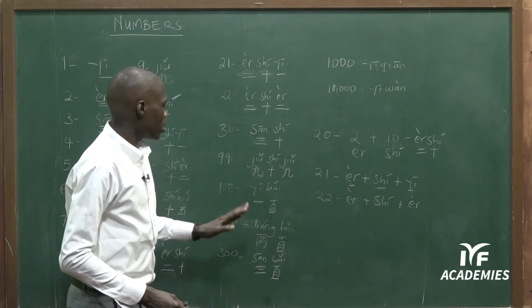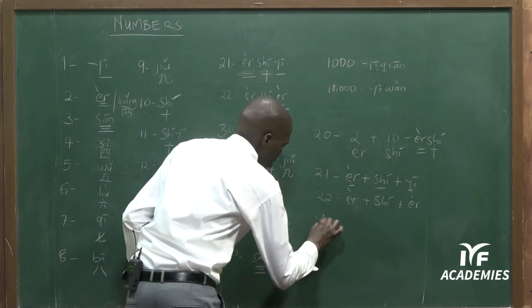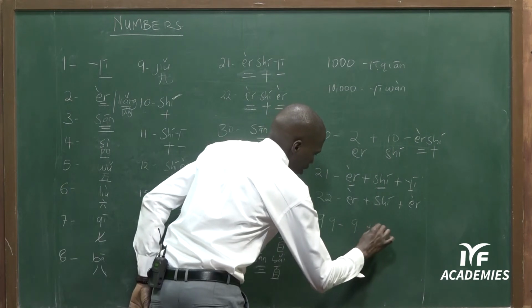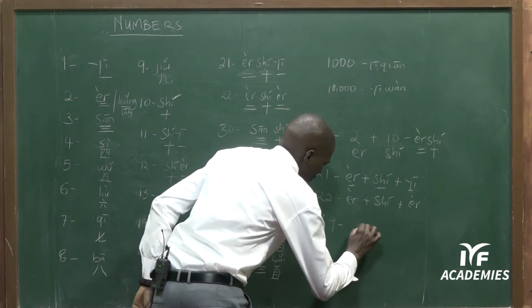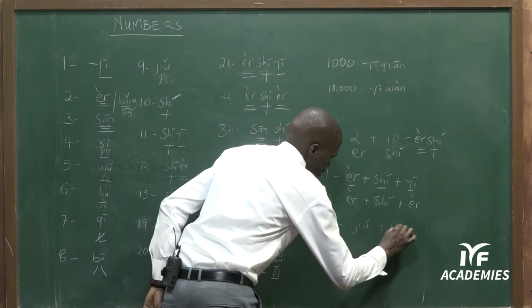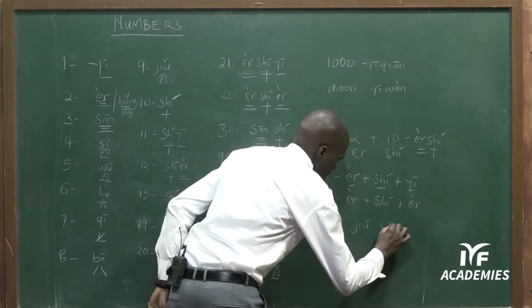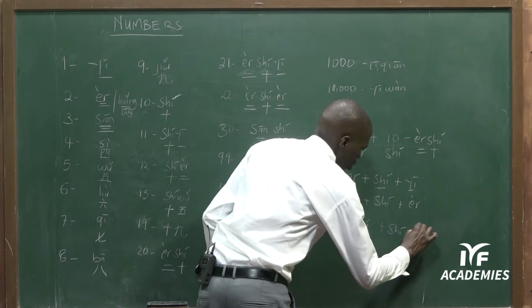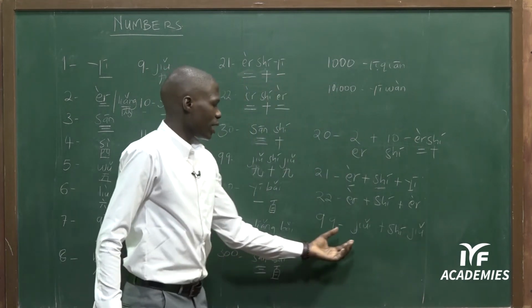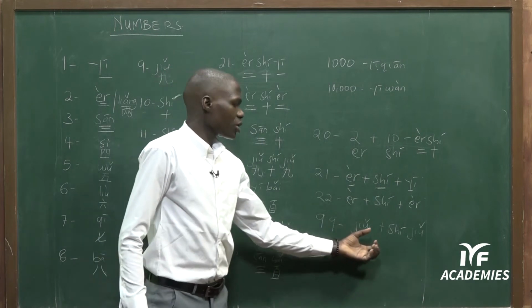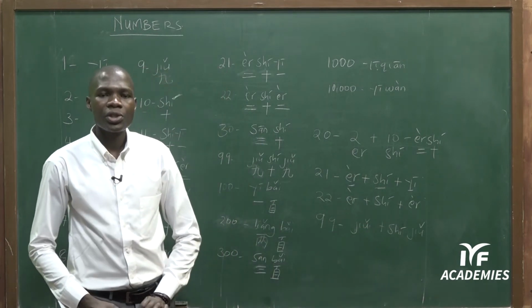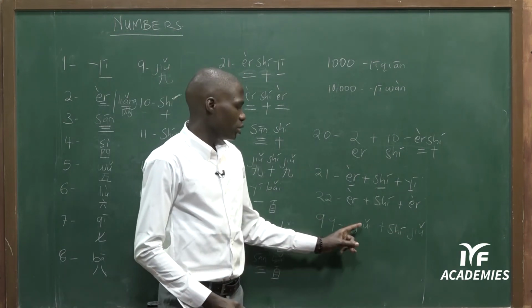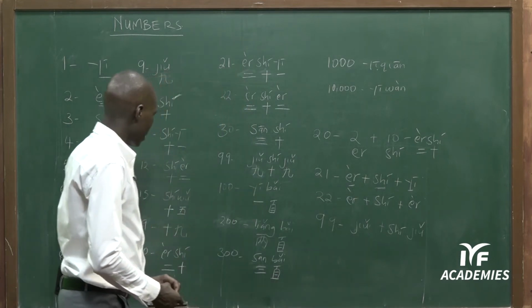Then 99, we have 9 also. 9, then 10, then 9. 9 is jiu, 10 is shi. So jiu shi jiu, meaning 99.